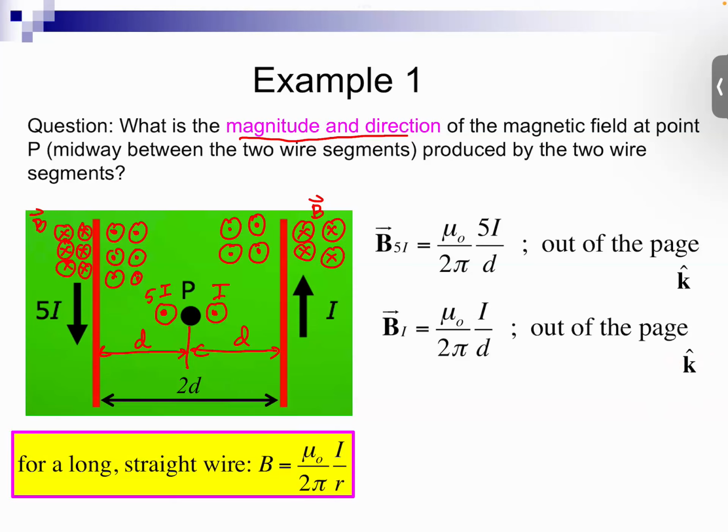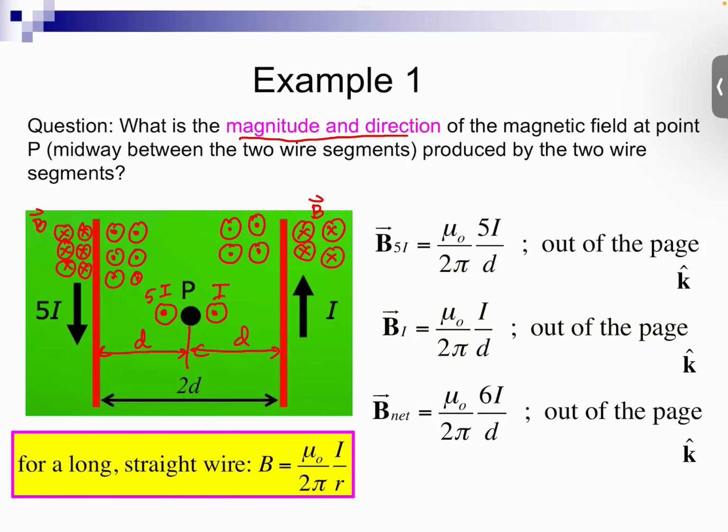So you have these two fields generated by the two wires, and they are in the same direction. Therefore, the total magnetic field is just adding up these individual magnetic fields. Hence, you have mu naught 6I over 2 pi d, and the direction is out of the page, the same direction as the individual magnetic fields.